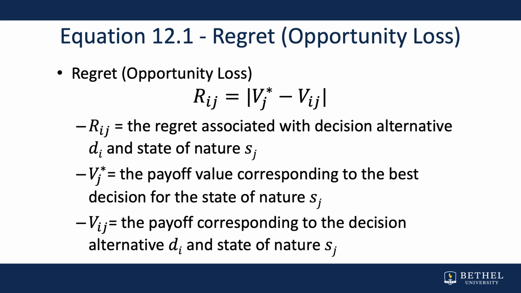The regret associated with decision alternative Di and state of nature Sj, we're going to call that Rij, is equal to the absolute value of the payoff value corresponding to the best decision for the state of nature Sj, we're going to call that V star sub j, minus the payoff corresponding to the decision alternative Di and state of nature Sj, and we're going to call that V sub ij.